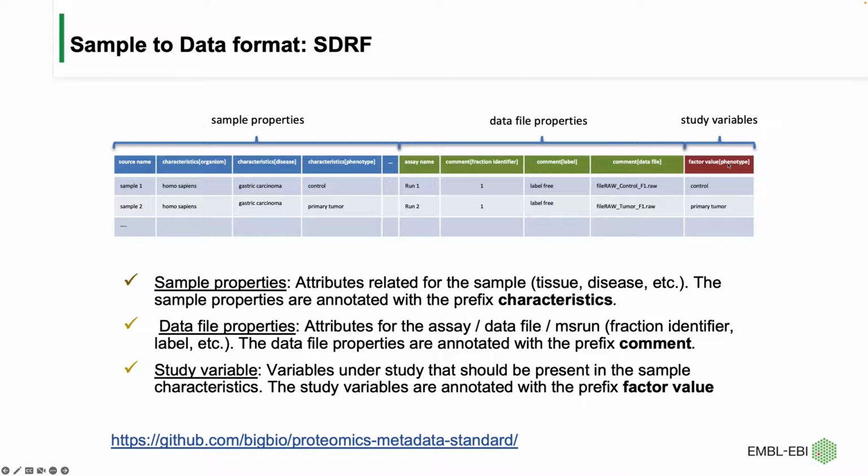Let's say you want to study a phenotype in your experiment, for example a cancer study, with control samples and primary tumor. We call this the phenotype. This is the variable you want to study.